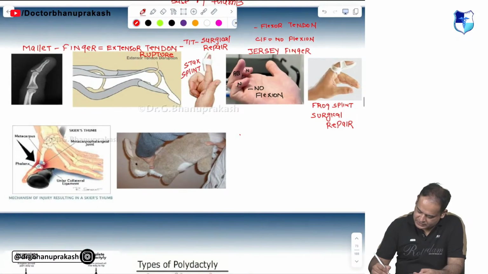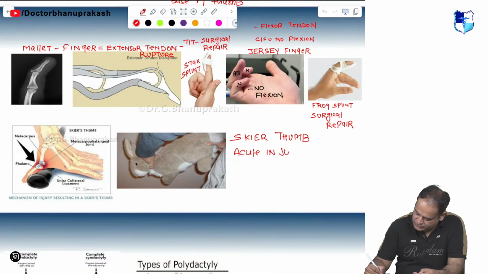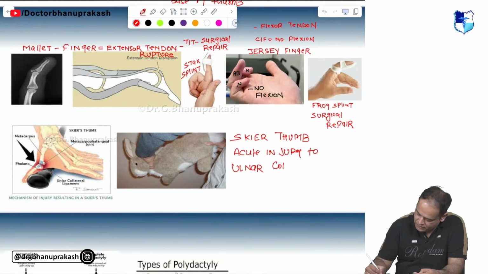Then skier's thumb. Skier's thumb is acute injury to the ulnar collateral ligament. Fine.